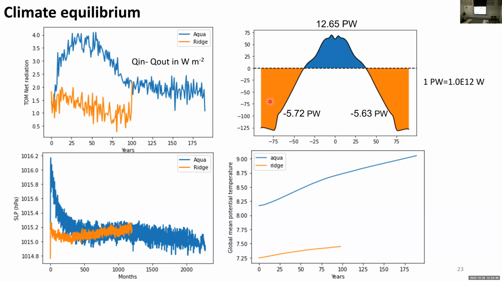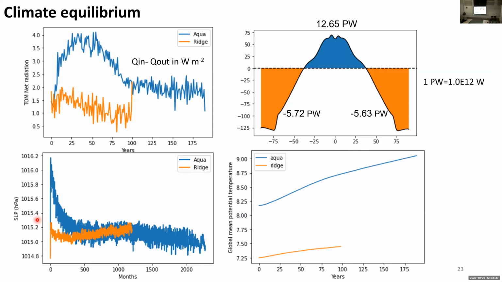If we integrate Q in minus Q out over the world, with the x-axis the latitude and the y-axis the total heat energy, absorbed in the tropical area and emitted in the higher latitudes, we will find several petawatts of imbalance globally. That's a huge number.